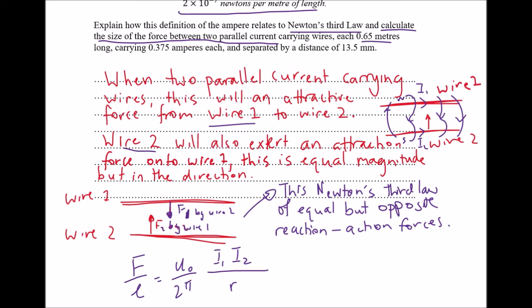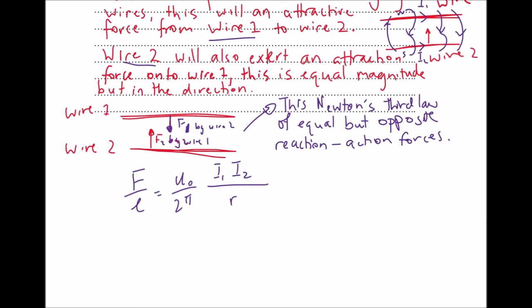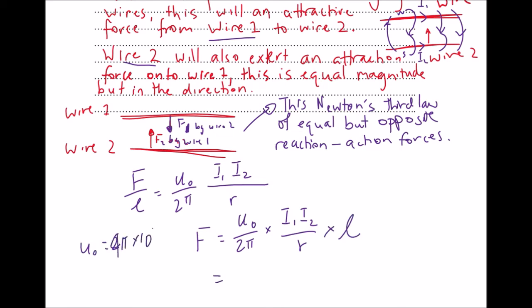So if I rearrange everything, the force is written like this. Now I know that mu naught is 4 pi times 10 to minus 7. So if you substitute that with 2 pi, you're left with 2 times 10 to minus 7.